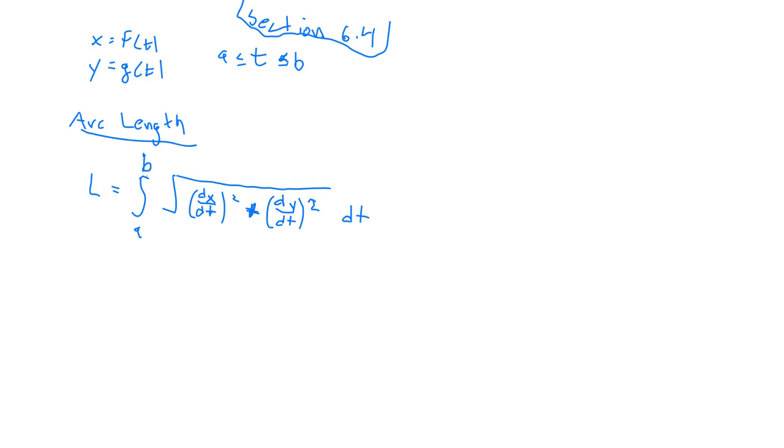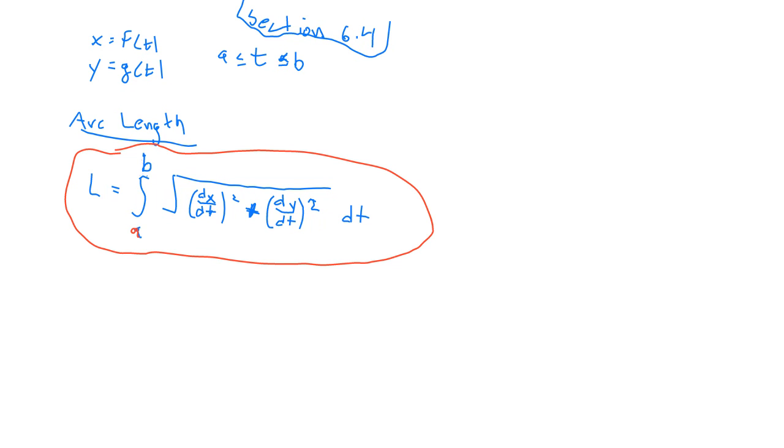This is the arc length formula. It's the integral from A to B of the square root of dx dt squared plus dy dt squared, and then dt. You're integrating with respect to the variable t. That's the arc length formula, and t is the parameter.